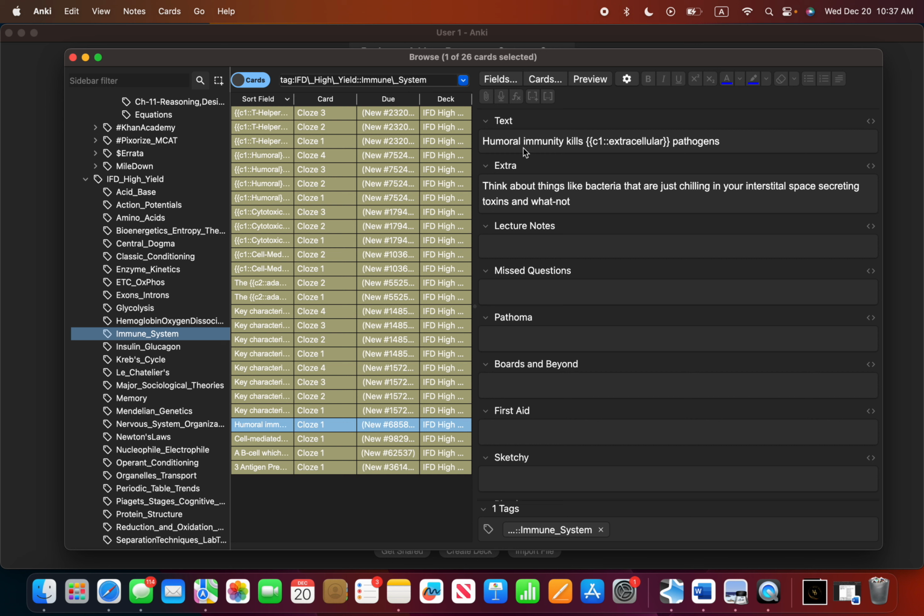So again, humoral immunity kills extracellular pathogens. Think about things like bacteria that are just chilling in your interstitial space, secreting toxins and whatnot.